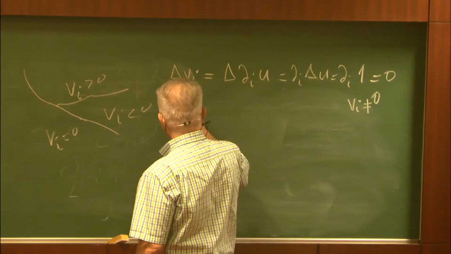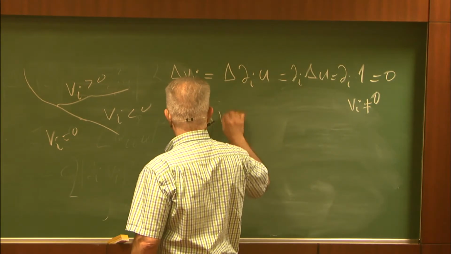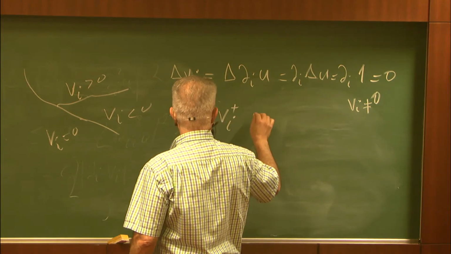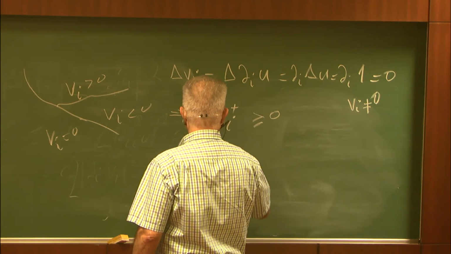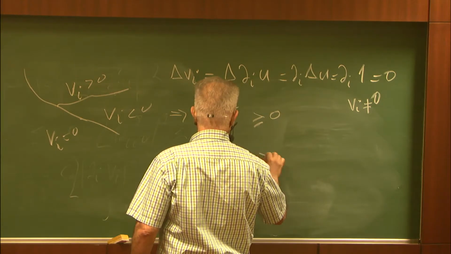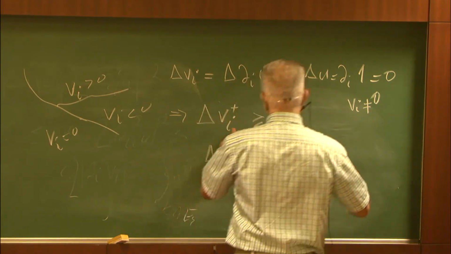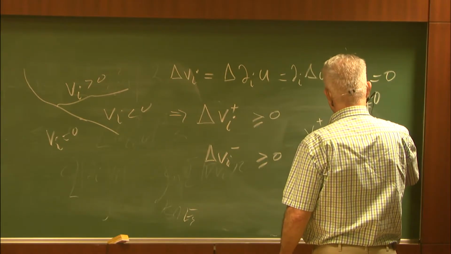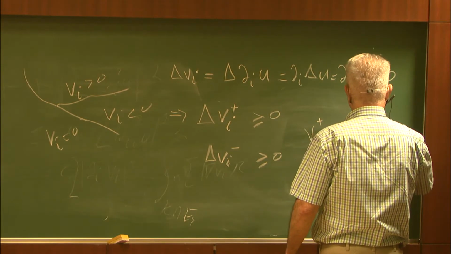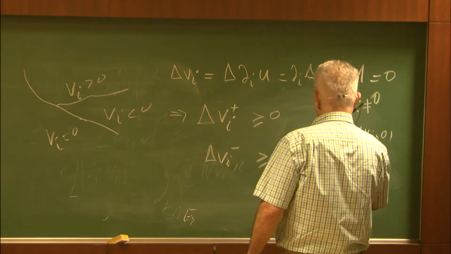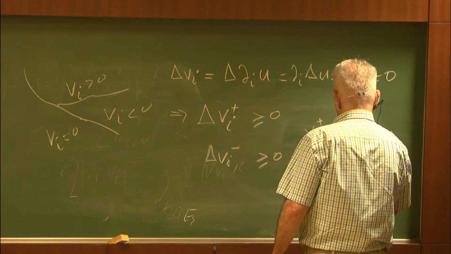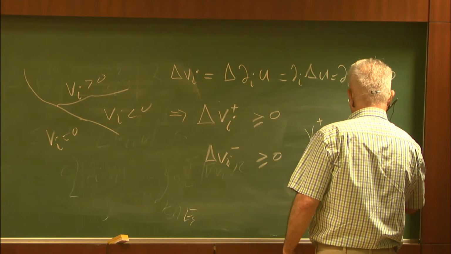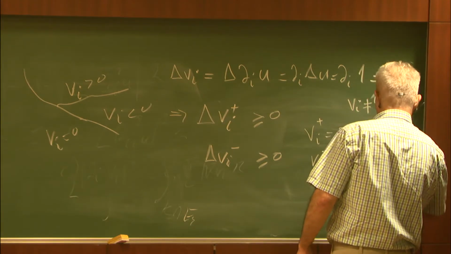Now I'm saying from here it follows that Laplacian of VI plus part is actually a subsolution, and Laplacian of VI minus part is also a subsolution. VI plus is supremum of VI and 0, and VI minus is supremum of minus VI and 0.